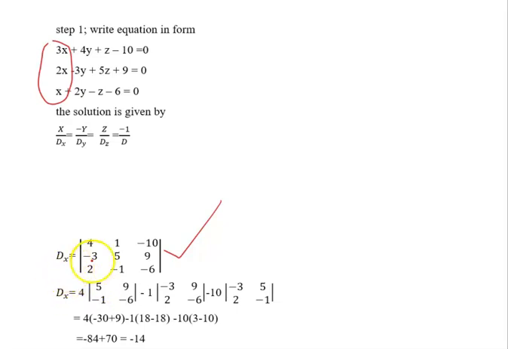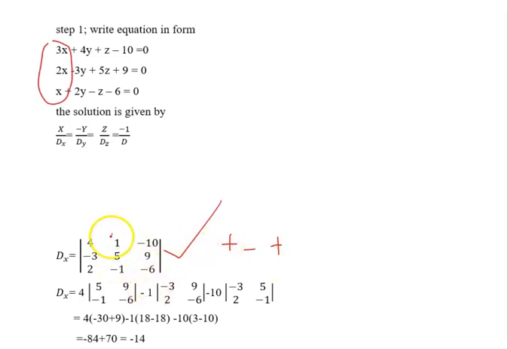Then we calculate the determinant. Dx will be 4. For the first row, the signs are plus, minus, then plus. So 4 lies at plus, so it will be 4 into bracket 5, -1, 9, -6. Then 1 stands at minus, so -1.